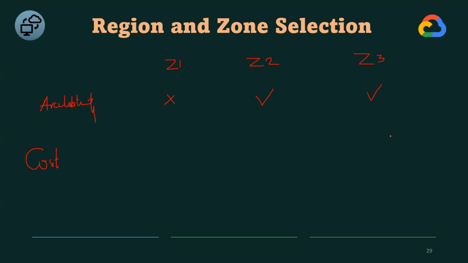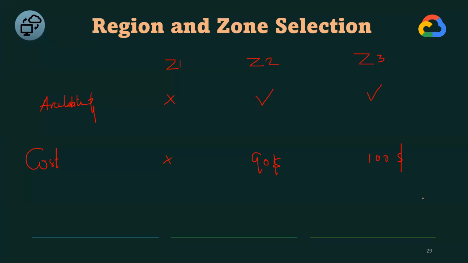If you still have a doubt about where to deploy, because zone 2 and zone 3 are both there, then you go to the cost and check it. Anyway, I don't need to worry about zone 1 because the service is not available there at all. So for this one, assume that it is $90, and here it is $100. Tell me which one we have to select, guys.